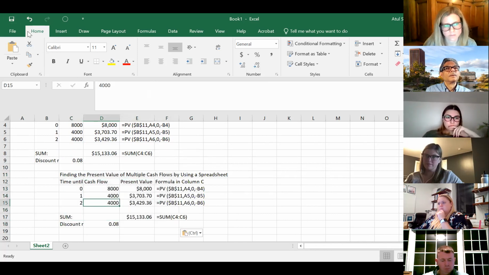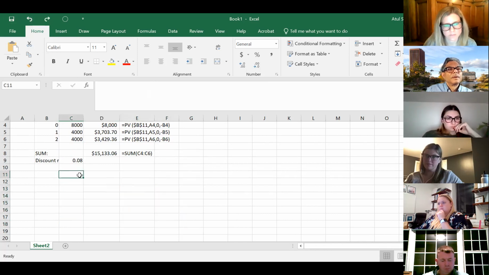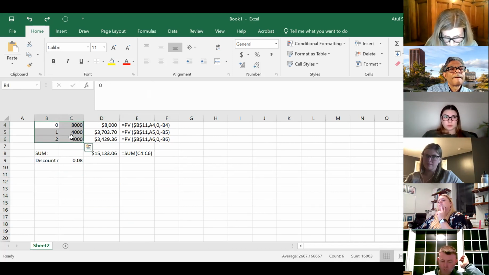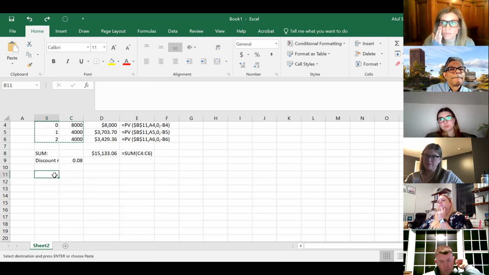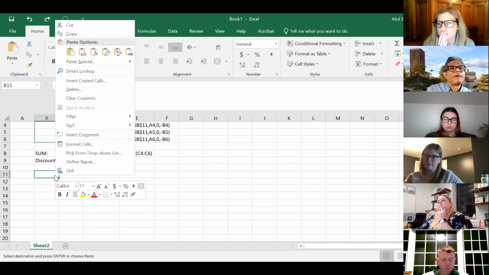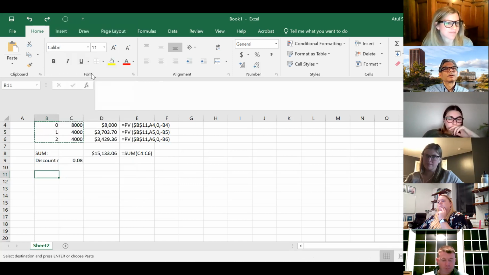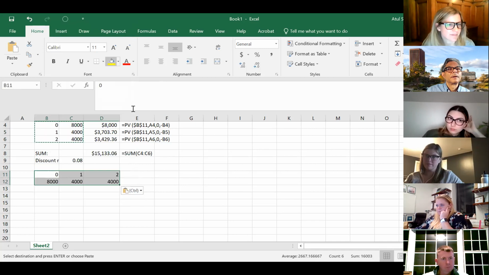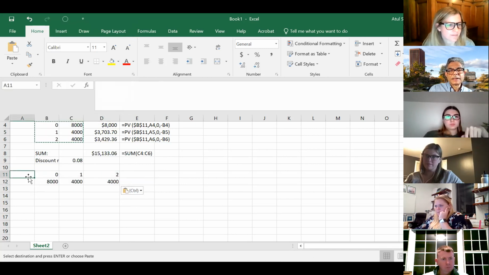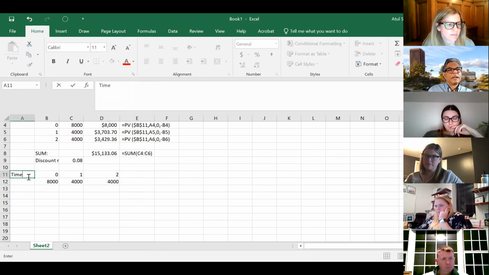Copy the cash flows and paste it like this. So my time periods are horizontal and my cash flow is also horizontal.